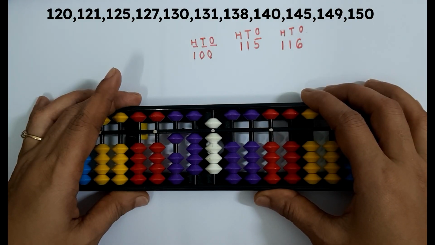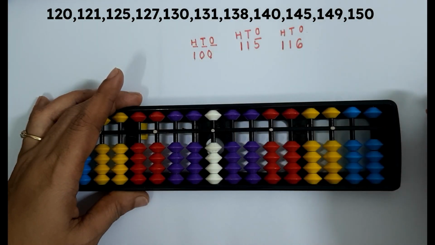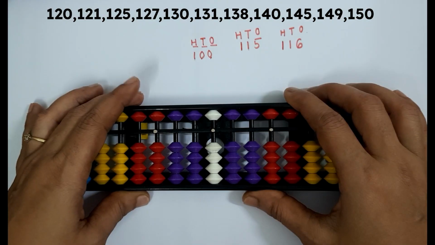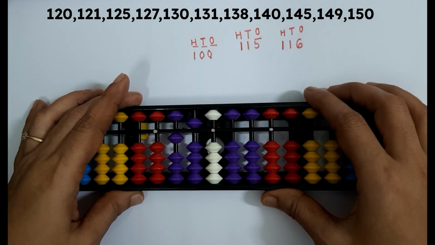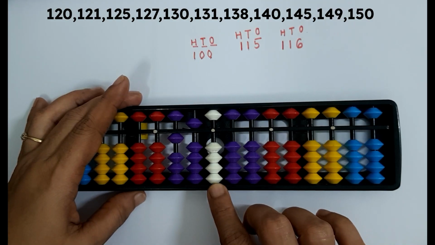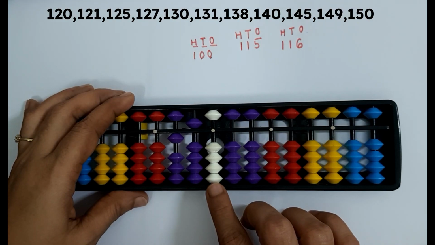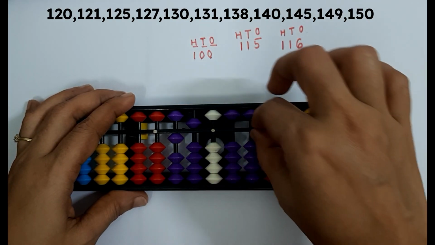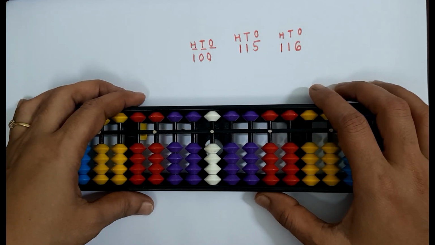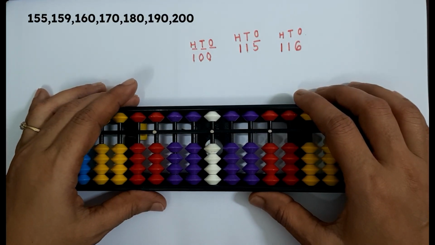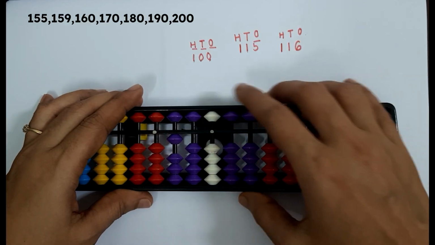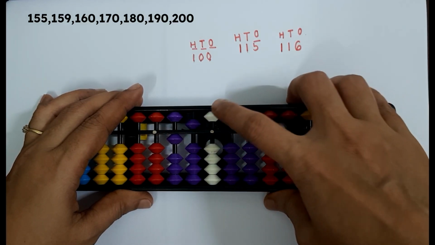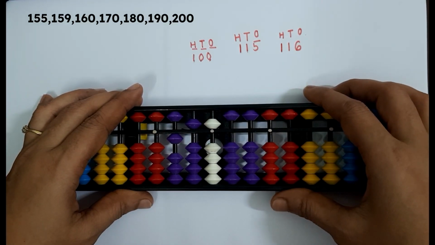Now it is 149. How to represent 150? 1 at hundreds place, 5 at tens place and 0 at ones place. Now it is 150. Let us represent the next set of number. The number is 155. 1 at hundreds place, 5 at tens place and 5 at ones place.